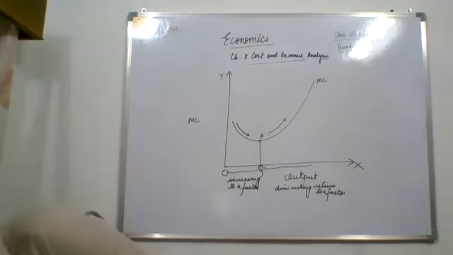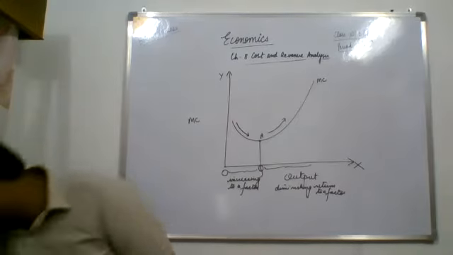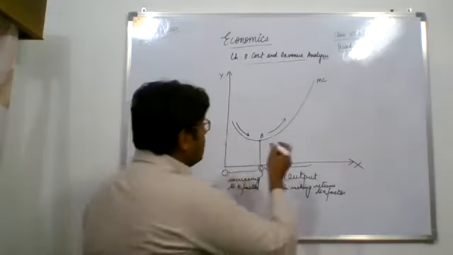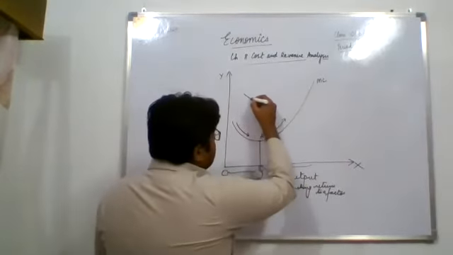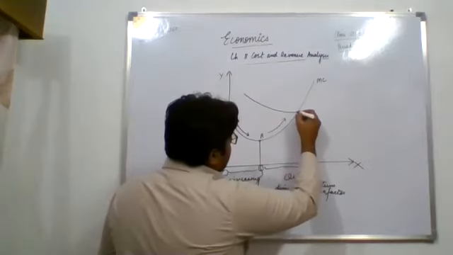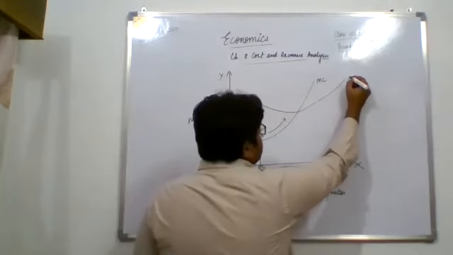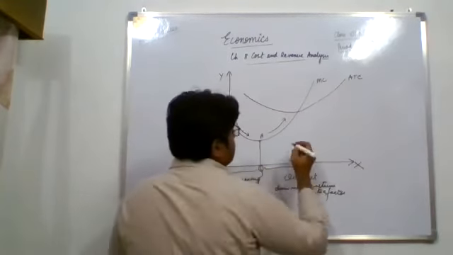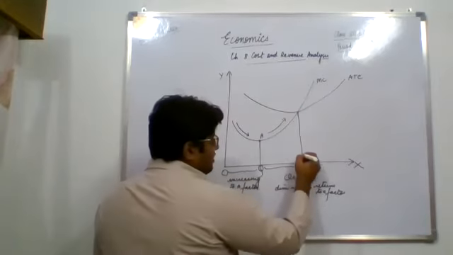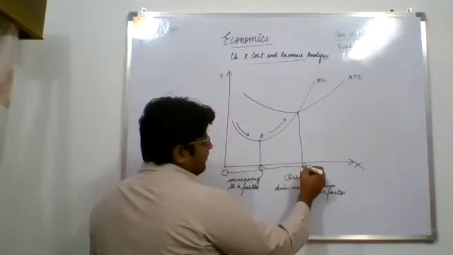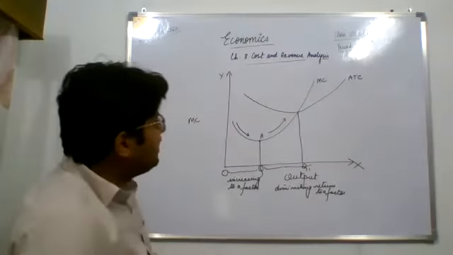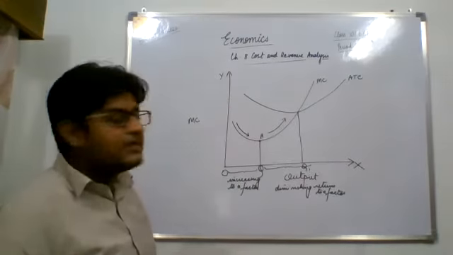We will draw the average total cost over here only. Average total cost. I will take one output level over here. And we can simply state three relationships from this diagram.